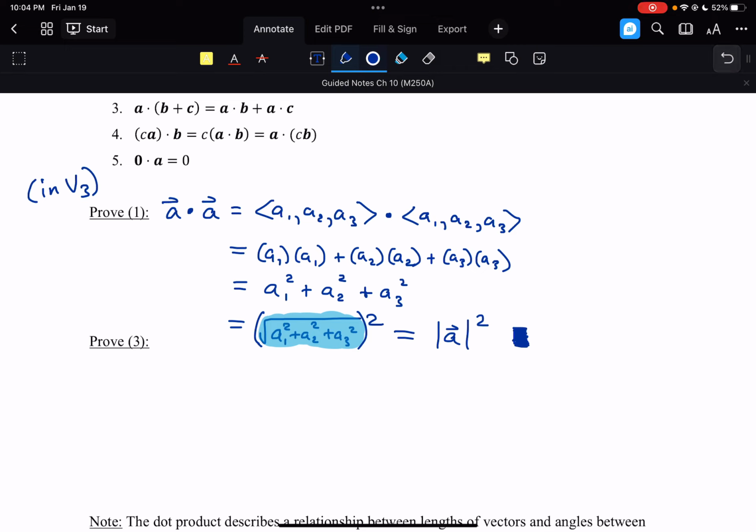So if we start off, so A dot B plus C. Might want to not write too big for this one. It takes up a bit of space. So that's going to be A1, A2, A3, dotted with B1 plus C1, B2 plus C2, and B3 plus C3.